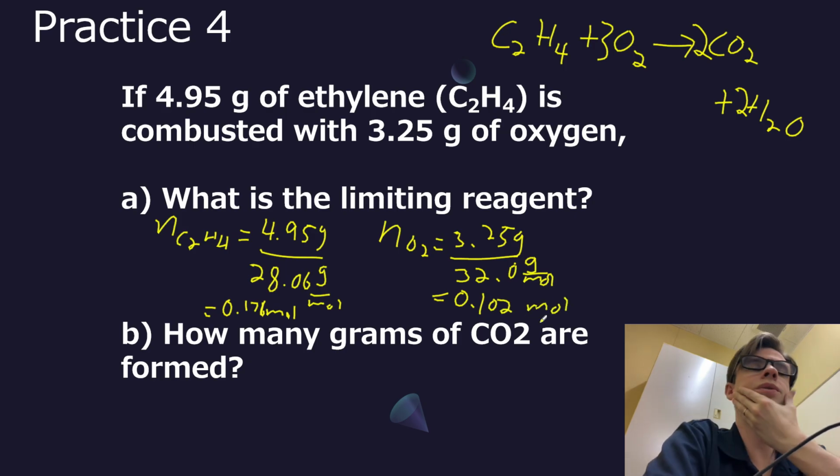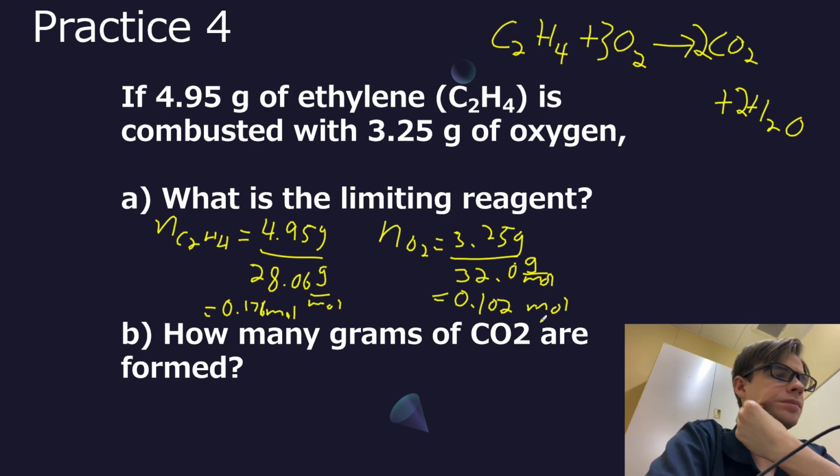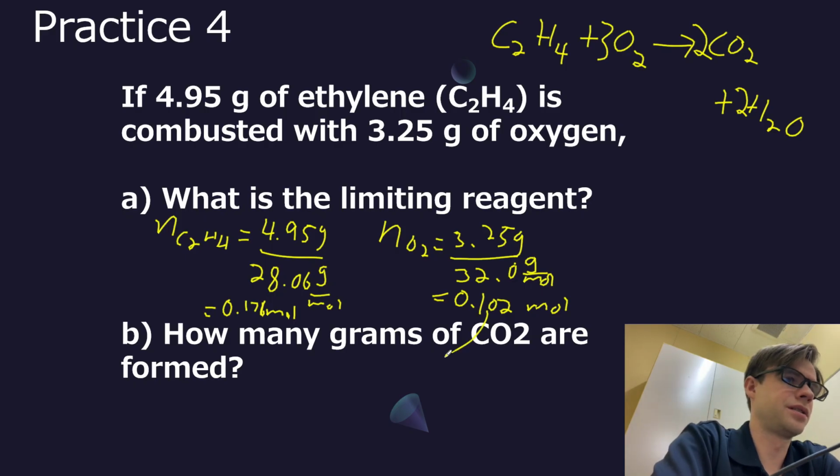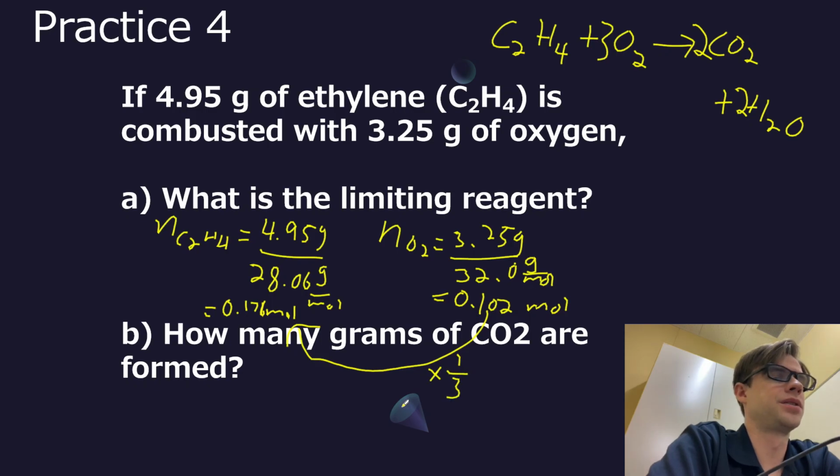So what is our ratio? It is 1 to 3. So we need triple as much oxygen as we have ethylene. It really looks like we don't have that though. We don't even have 1 to 1 there. Let's assume oxygen is limiting. So a quick calculation tells us we only need 1 over 3 as much C2H4 as oxygen.